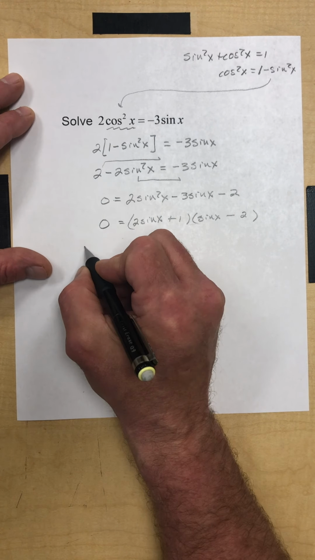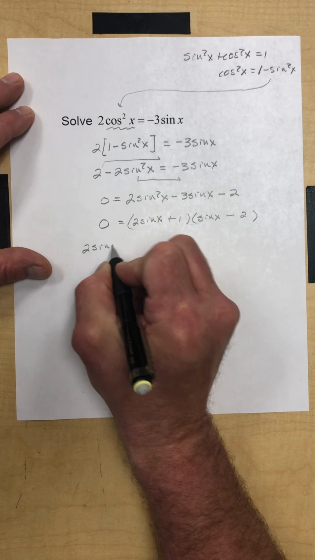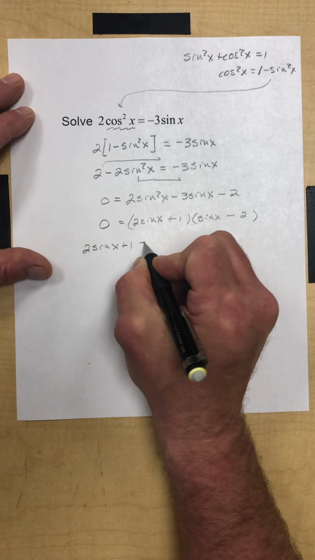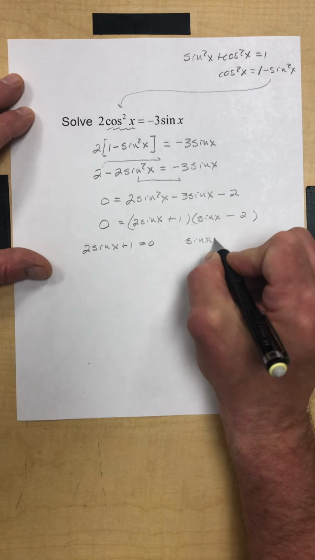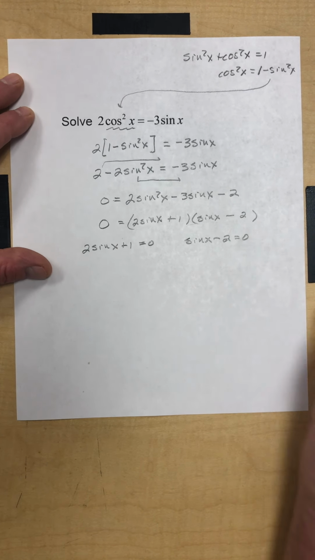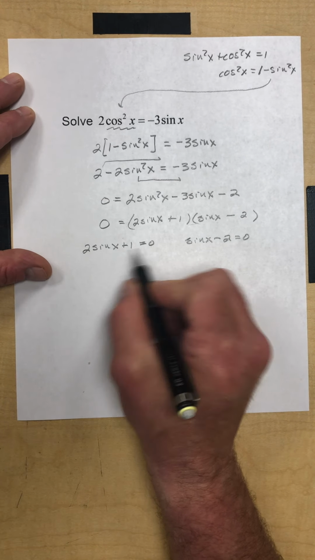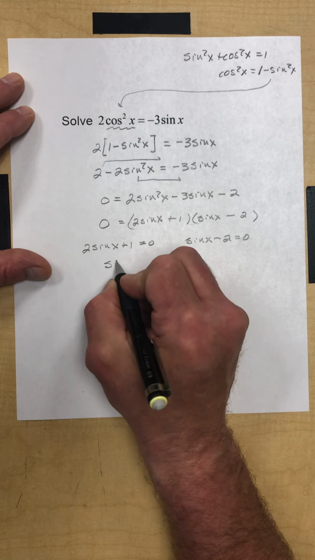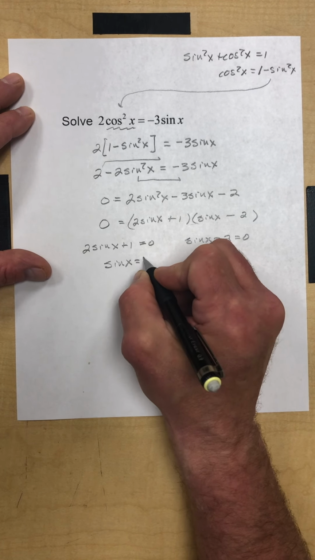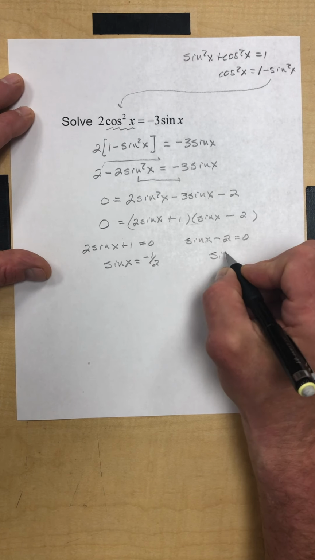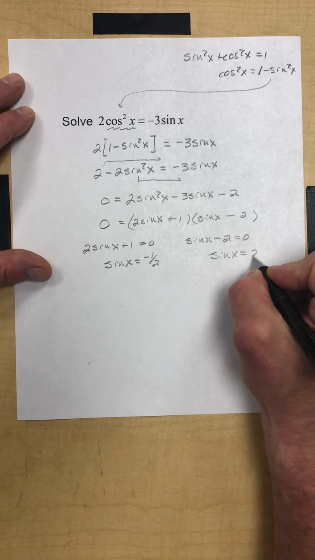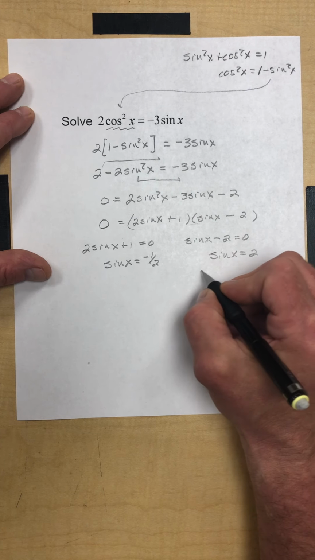So we get 2 sine of x plus 1 equals 0, and sine of x minus 2 equals 0. If I subtract 1 and divide by 2, I get sine of x equals negative 1/2. And here I add 2 to both sides: sine of x equals 2.